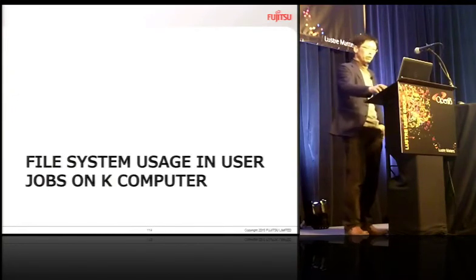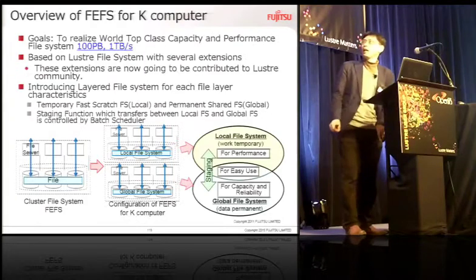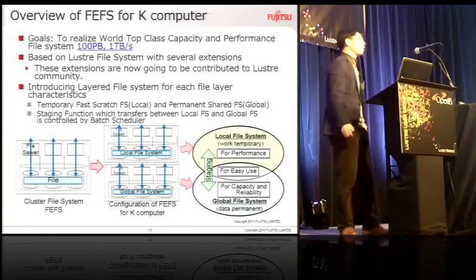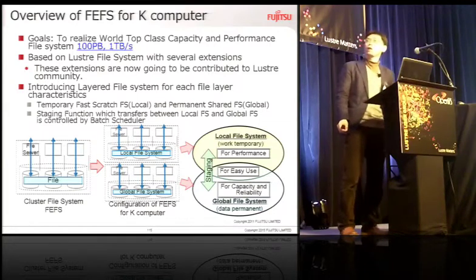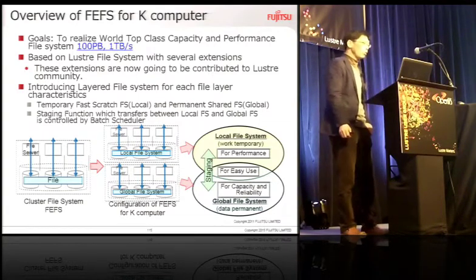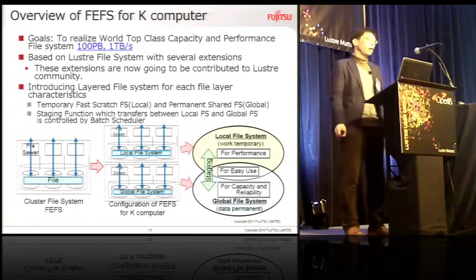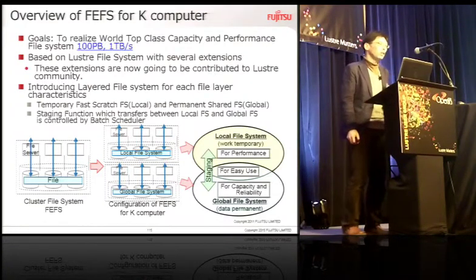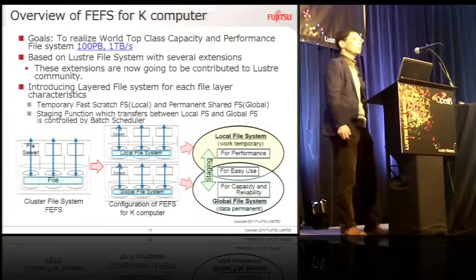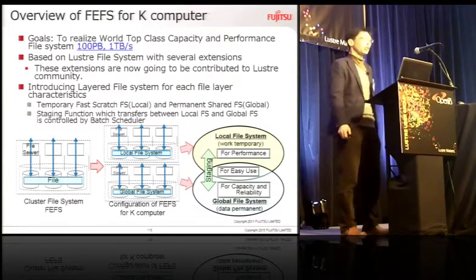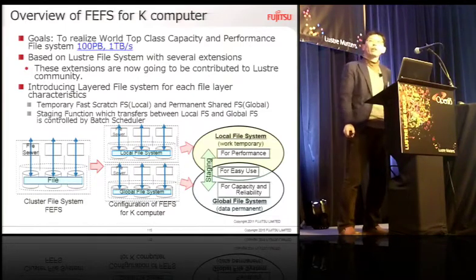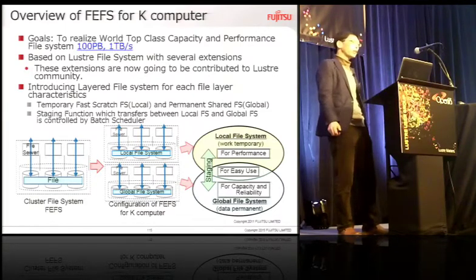So let's talk about file system usage. I have talked about this maybe many times. The K computer has FEFS, and the goal is to realize world top-class capacity and performance. It's based on the Lustre file system with several extensions, and these extensions are now going to be contributed to the Lustre community. The K computer has 2 layers of file system with different characteristics.